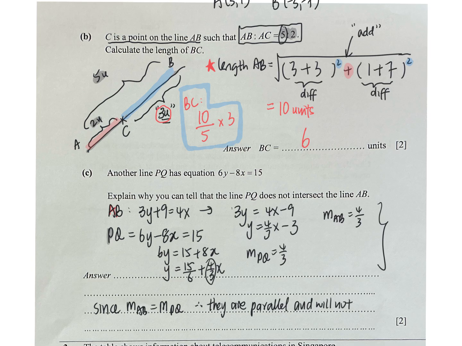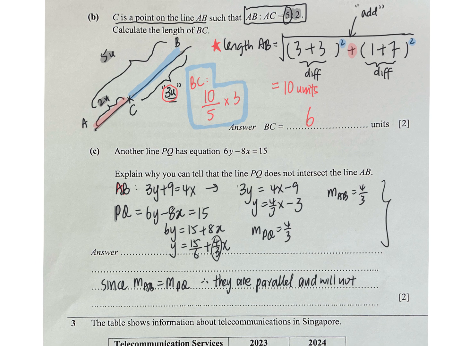Okay, this is the same as one of the year's questions. I thought yesterday we went through this one. Intersect. Similar one, right? So they can't go very far away from it, or they will tell you to prove that they will intersect. So if you show that two equations have different gradients, they will eventually meet because they are not parallel.